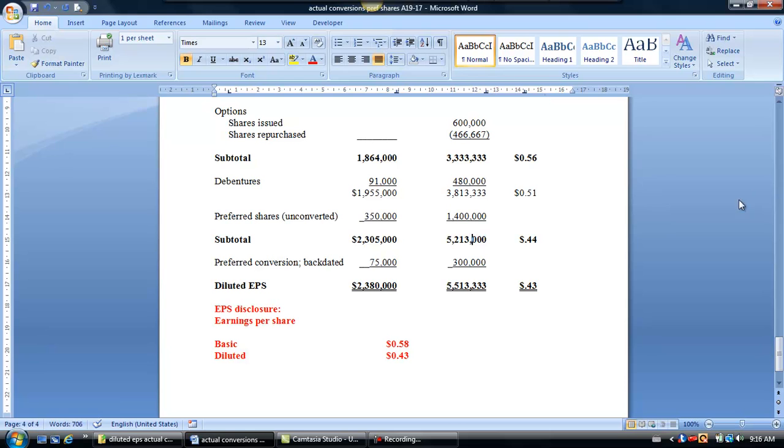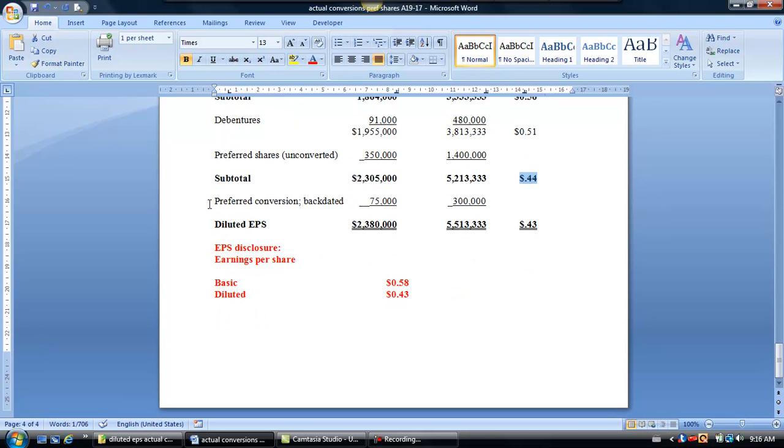Whoops, should be 333 here. If we had converted those preferred shares, which if we divide our earnings available to common divided by our WACs, if we had converted, we would have a diluted EPS of 44 cents.